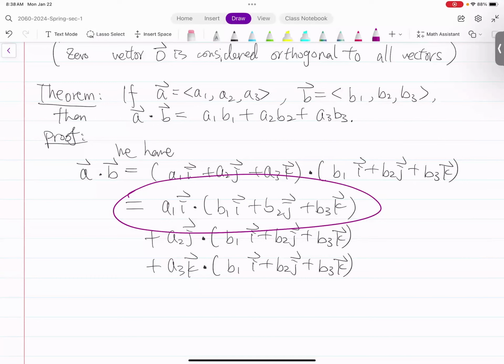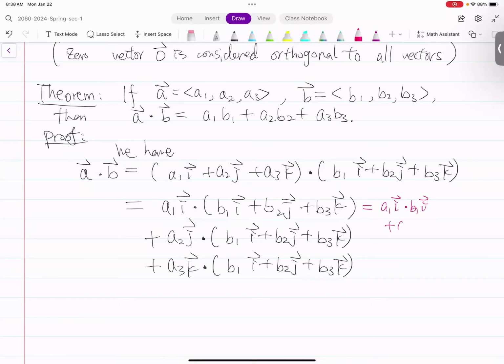So what do we know? We know i dot i is a 1, i dot j is a 0, i dot k is a 0. So if you think about this, the first part is essentially A1 i starting with B1 i plus A1 i starting with B2 j plus A1 i starting with B3 k.